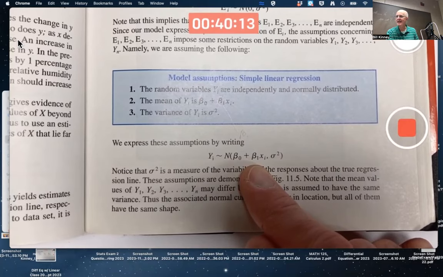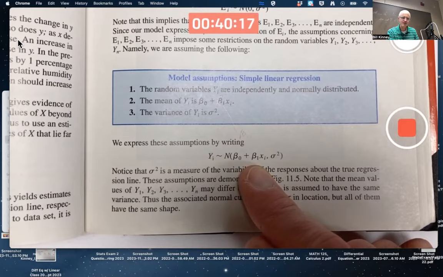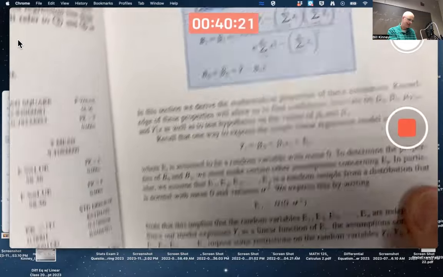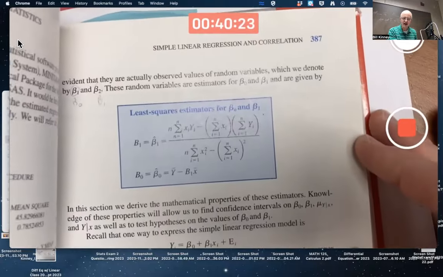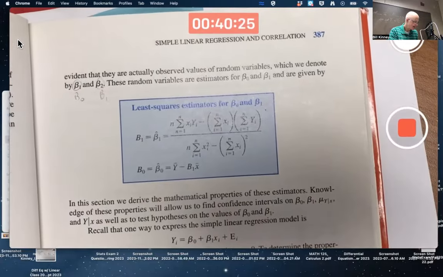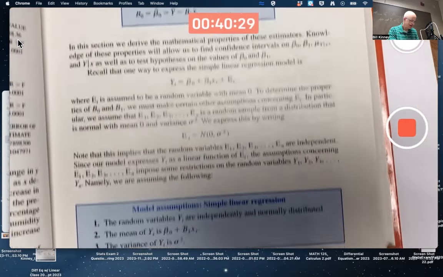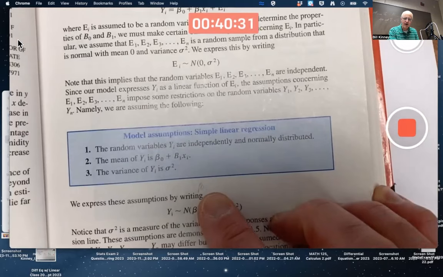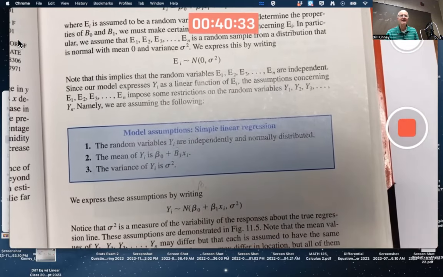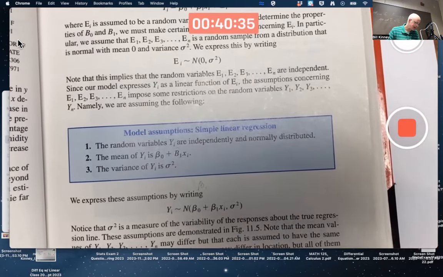Beta is the Greek version of B. By the way, on this page, which happens to be page 387, section 11.2, there are lots of typos. That's supposed to be a capital B0, capital B1. That's supposed to be a beta 1 there. Well, I guess at least 3 of them.